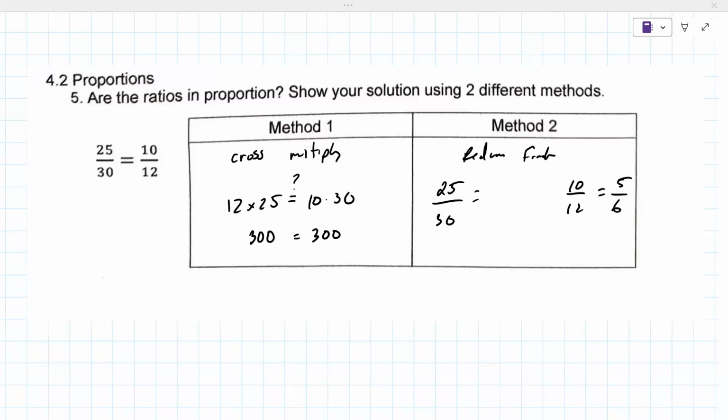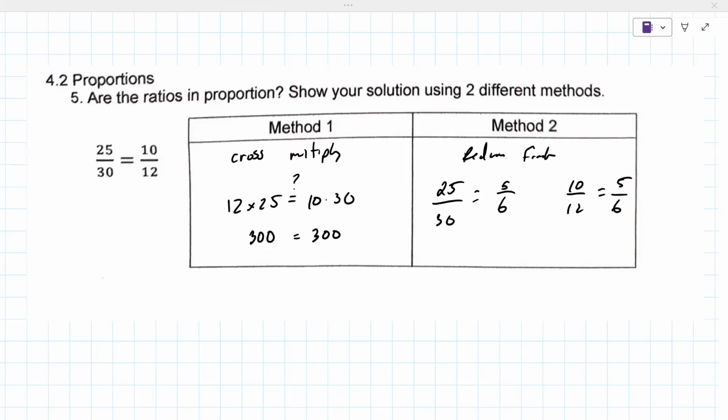So yeah, you could reduce it to 5/6, and yes, it would work. Right. You actually don't need to do both methods. In real practice, you just choose one, but your teacher's saying let's make sure you know both methods. She wants us to know both of them.